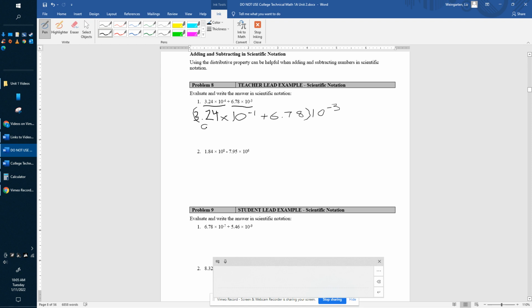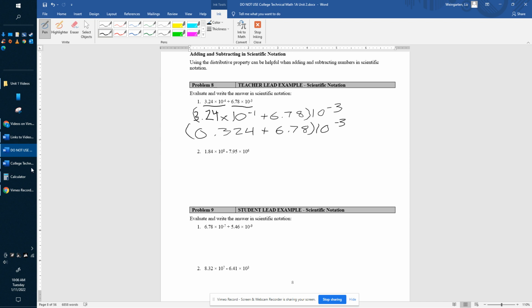So that's going to give us 0.324, plus 6.78, all times 10 to the negative 3.